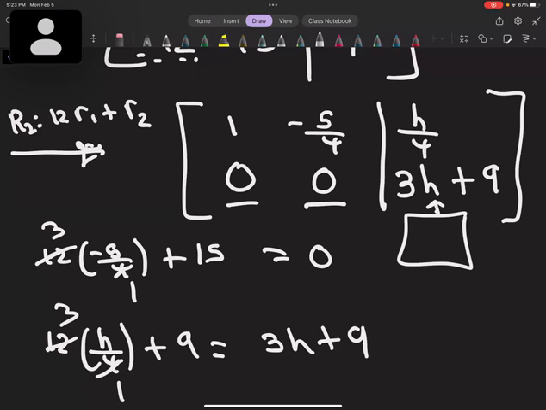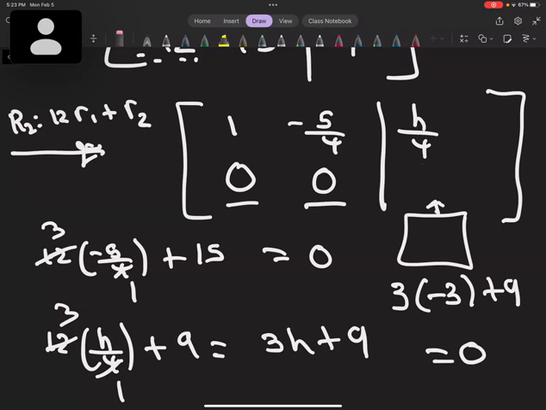Minus 3. Yeah, minus 3 will be a good one because you have 3 times minus 3 plus 9. That will give you a 0. So that you will get, let me erase this for a second, you'll get 0, 0, and 0. So that's consistent because it has infinitely many solutions.